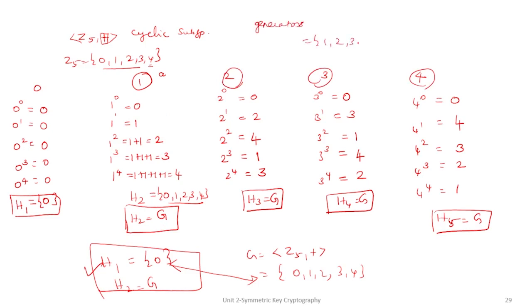The elements 1, 2, 3, 4 are able to produce all the elements of the group. So these are generators. If a group contains at least one generator, then that group is called a cyclic subgroup. So here Z5 plus is a cyclic subgroup by proving these calculations.